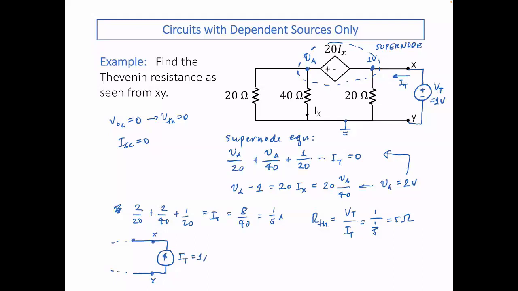Let's say you say, palagay na natin ng 1 ampere para mapadali. And what I have to compute for would be my V's of t. So if I put a current source here instead of a voltage source, and then what I compute for is V's of t, I'm going to get RTH will be V's of t over I's of t. And I should get exactly the same value.